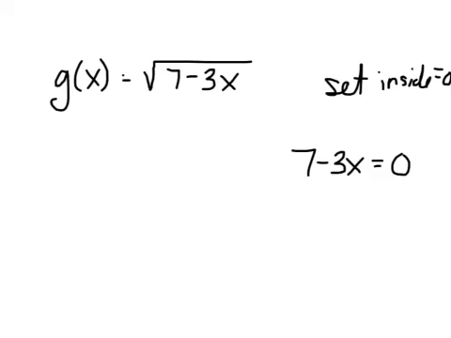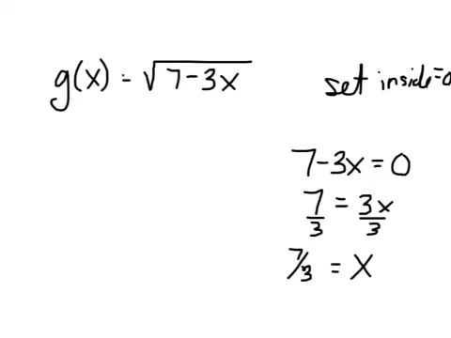Now I'm going to solve for x. If I add 3x to both sides and divide by 3, I end up with x equals 7/3. Now 7/3, you could rewrite as 2 1/3 or 2.3 repeating, but I'm going to leave it as 7/3. I just like the fraction look better in this problem.